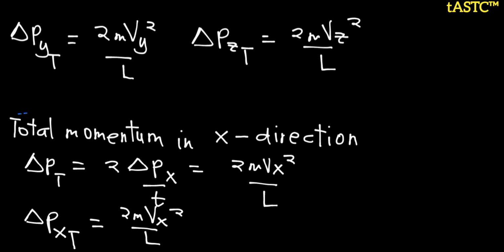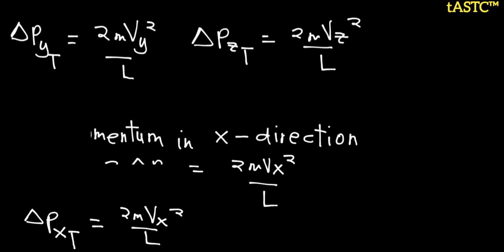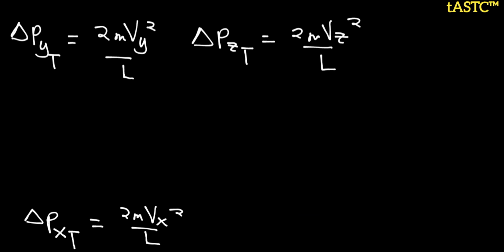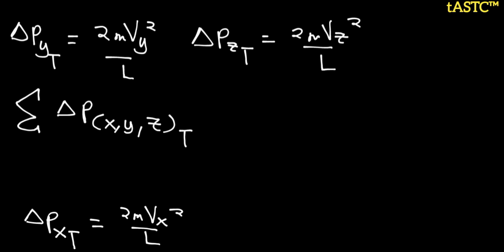So now we want to find out what is going to be the complete total momentum with respect to each direction, totally. Okay, so let us find that. So that is x, y, and z, and that should be a total.